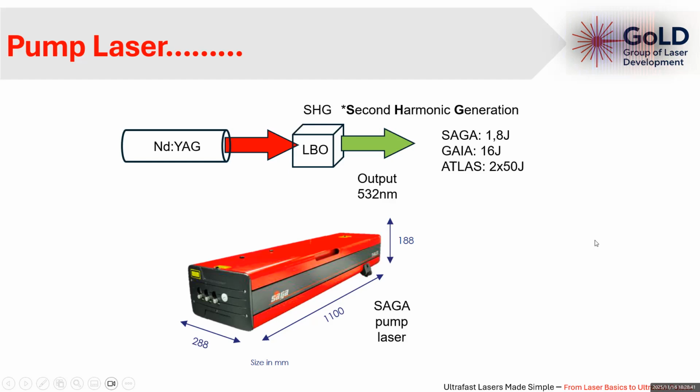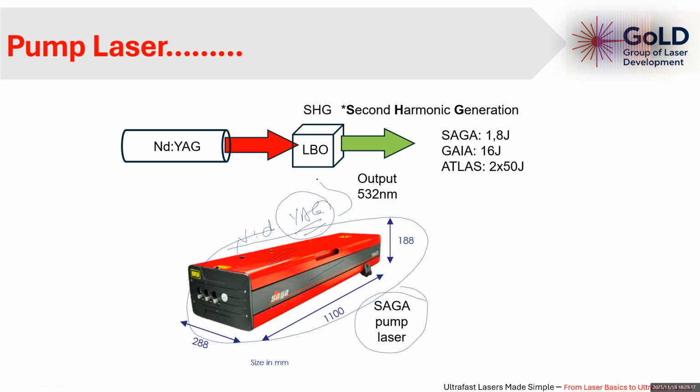The pump laser is very important, as I mentioned, and this is one of the commercial pump lasers. It's called Saga, and this pump laser has Nd:YAG inside. The Nd:YAG actual wavelength is in the IR region, more than 1000 nanometer, which is not at all suitable to pump the titanium sapphire.